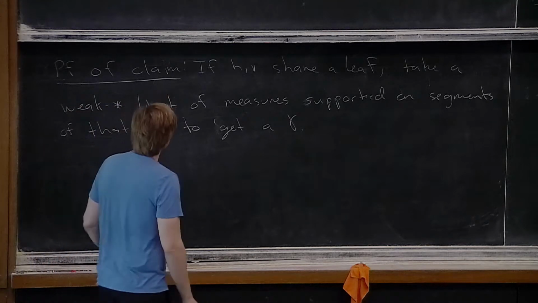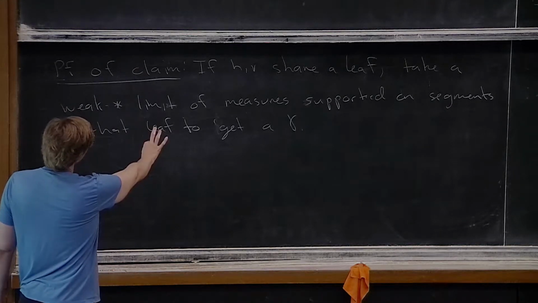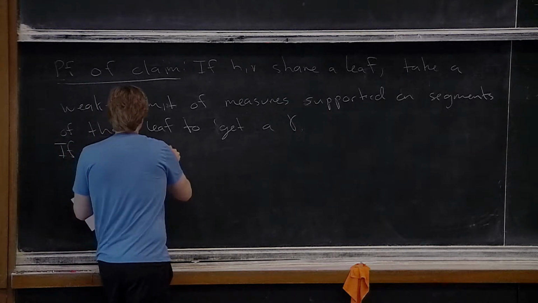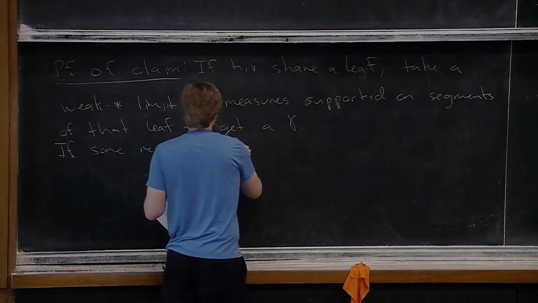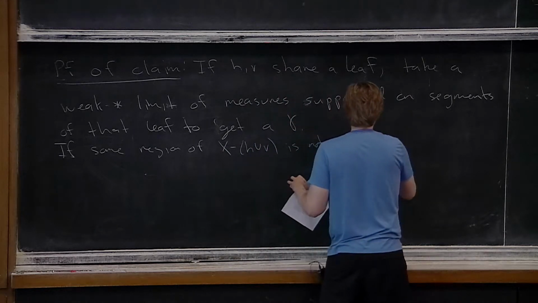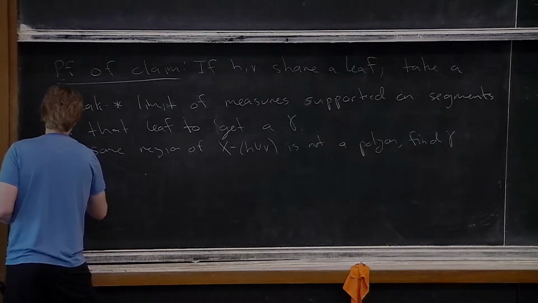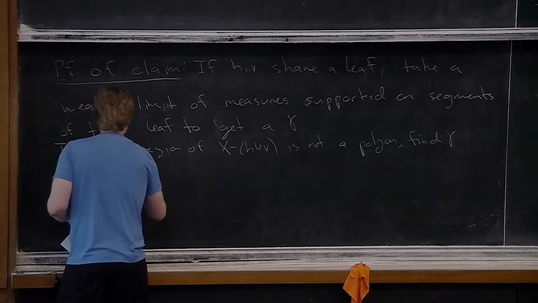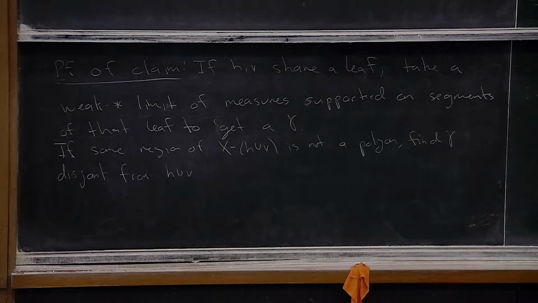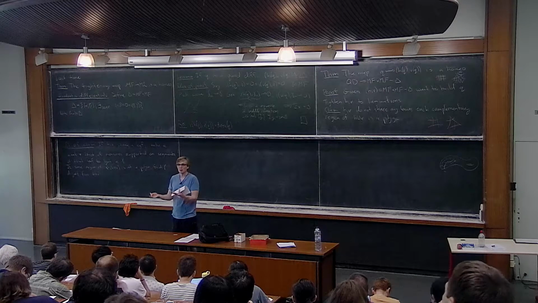So this is why they can't share a leaf, and if some region of the surface minus H union V is not a polygon, find a gamma that's sort of physically disjoint from H union V. Okay, so if there's some big part of the surface that's untouched by alpha, by H and V, then you'll have a region that's not a polygon, but you could just take some geodesic in there.